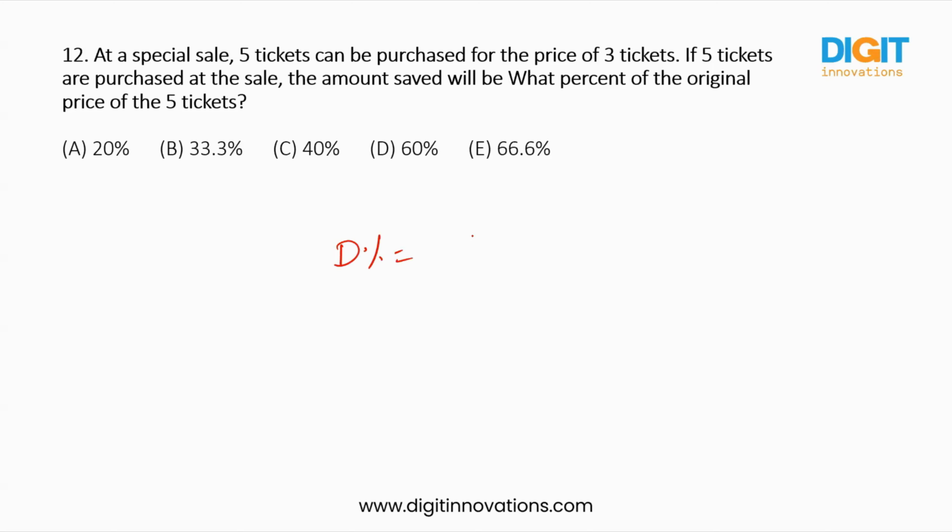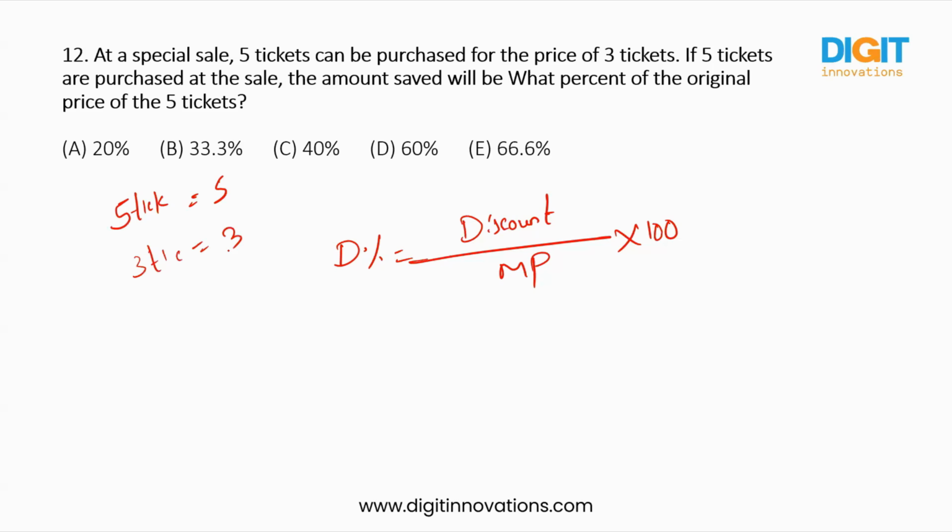So there is a sale going on. For example, before the sale, 5 tickets cost 5 rupees only, and 3 tickets cost would be 3 rupees only. But for the sale, they're giving 5 tickets for 3 rupees only.